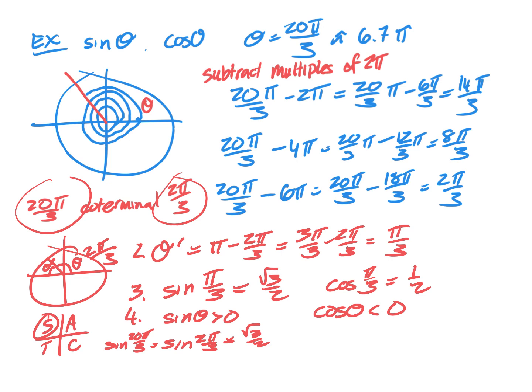Similarly, with cosine, cosine of 20 pi over 3 is the same as cosine of 2 pi over 3. And since cosine is negative, we're going to take this 1/2 and put the negative in front. So it's a little bit harder example, but this is how we can do this.